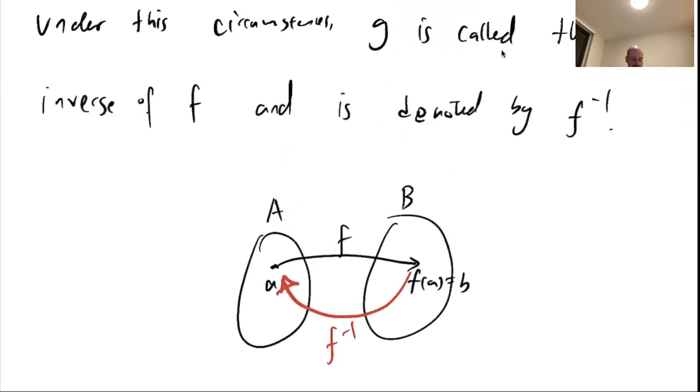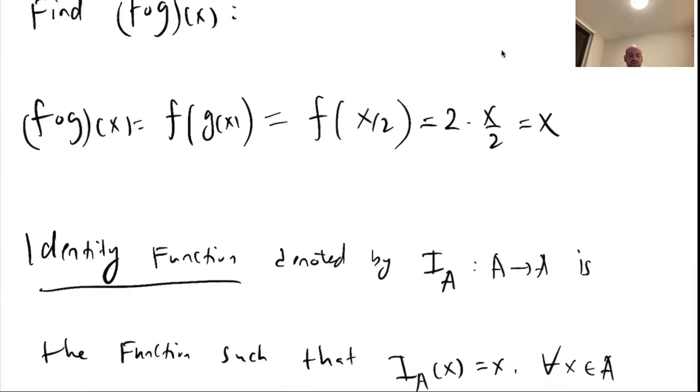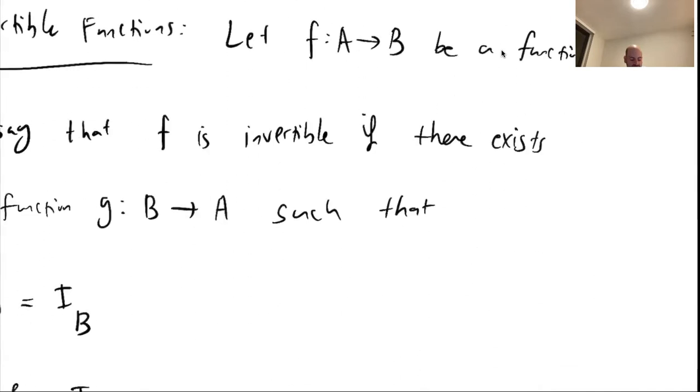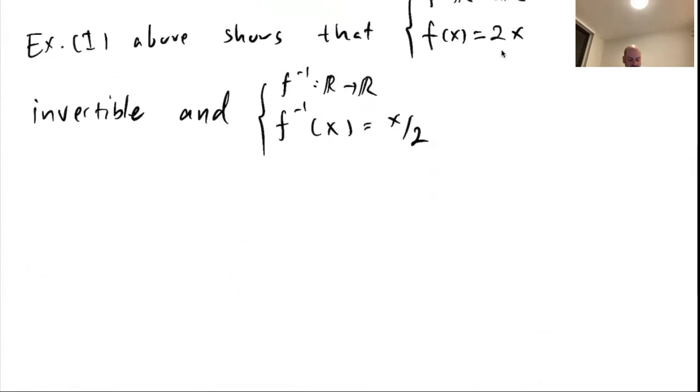That function g, because when we compose f with g, we get the identity function. So that means that function g is called f inverse. g was x over 2, so f inverse of x is x over 2.